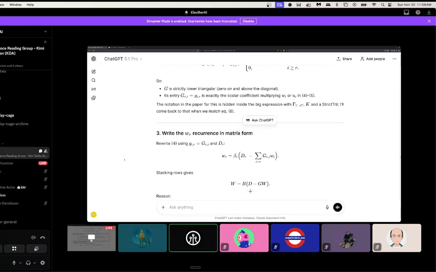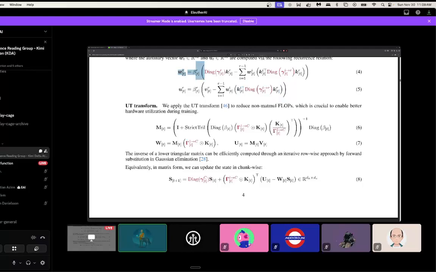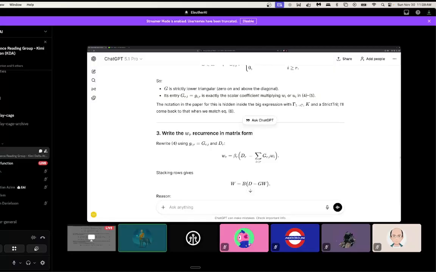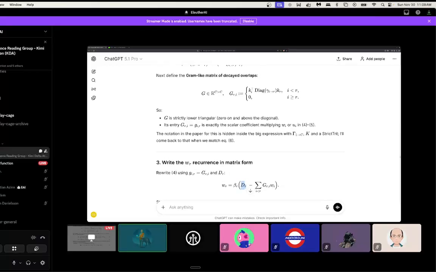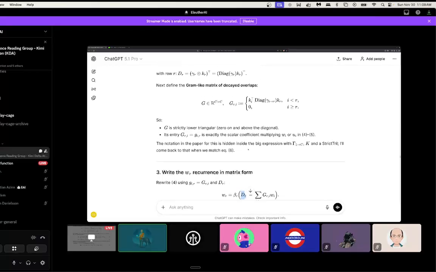Okay. So now we're going to write these recurrence relations up here using this matrix. That's what I'm saying: this is a way of getting this sequential relationship sorted out in just these two matrix multiplications here, which we can just throw at the GPU. So we've got WR is equal to beta R times DR minus the sum of the GRIWIs here. Let's check that that actually is what we want.